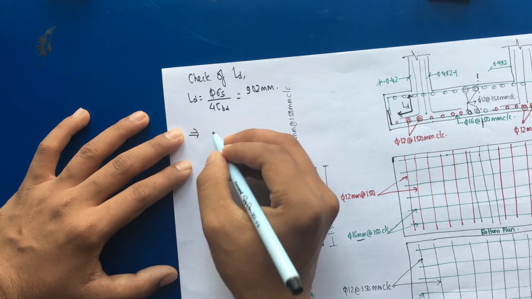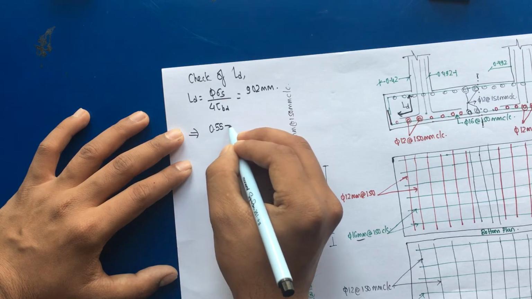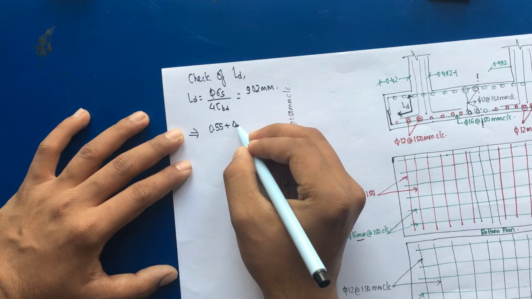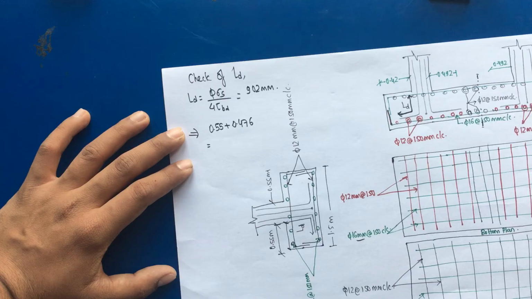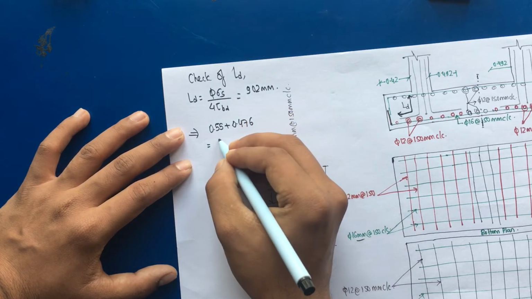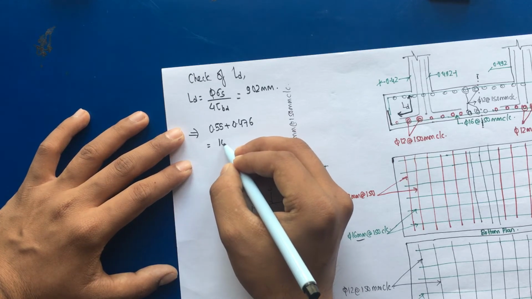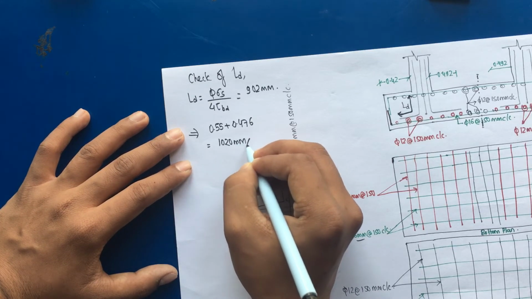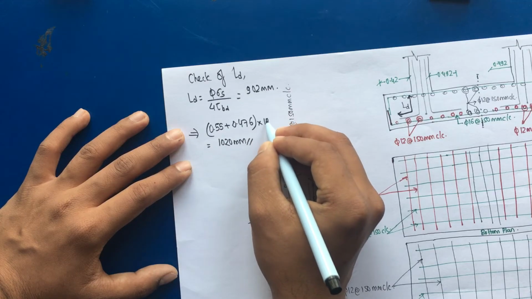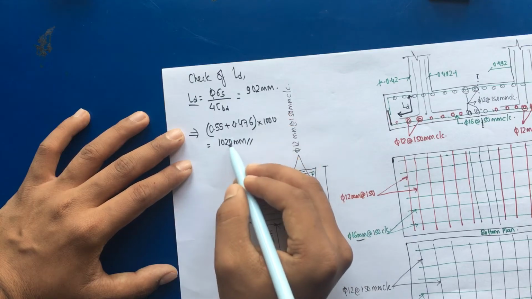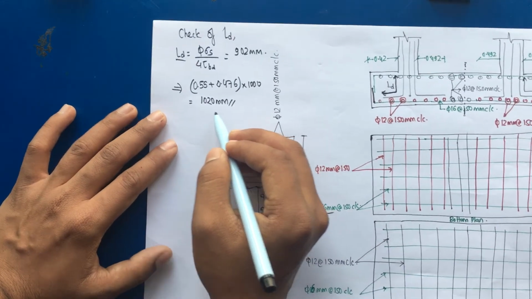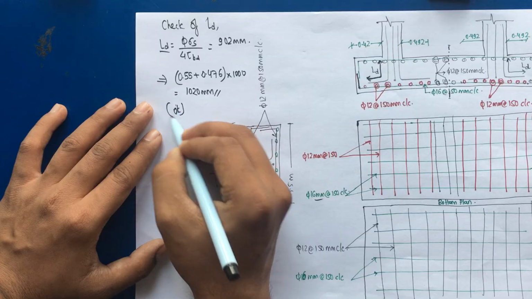So the available length is nothing but 0.55 plus 0.476, so we get this value as 1020 mm. The required development length was 902 and the available length is 1020 mm, so it is okay.